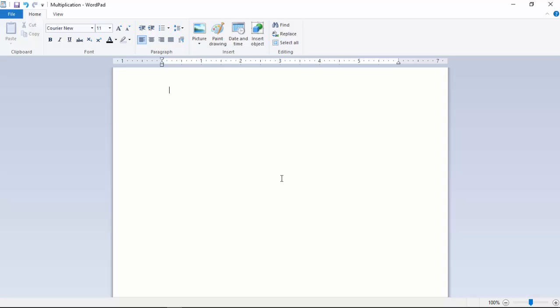Let's pick up an example like 2345 multiplied by, let's say, 1277, and we're doing multiplication here in this case. Let's move this a little bit shifted towards the right.